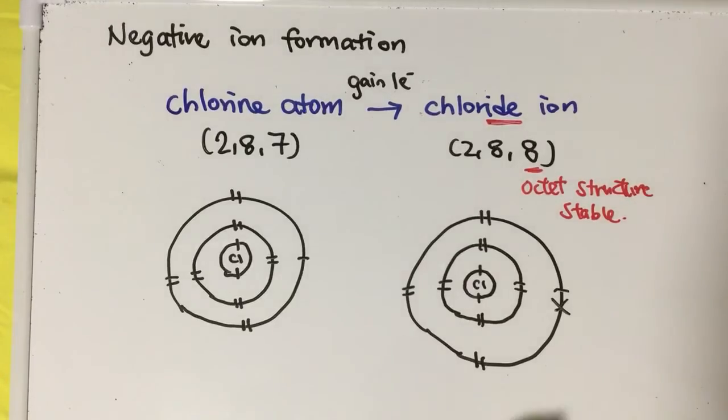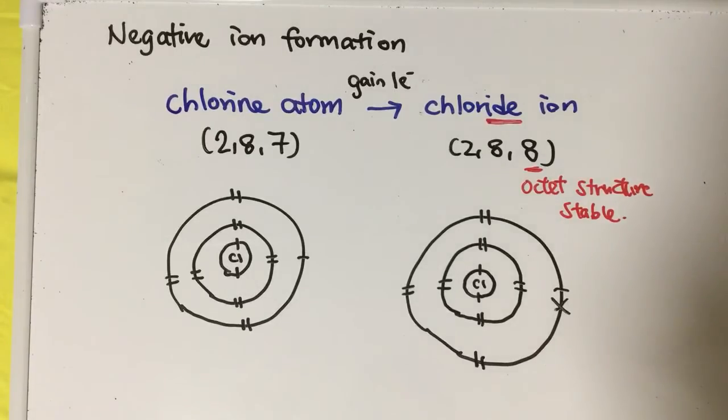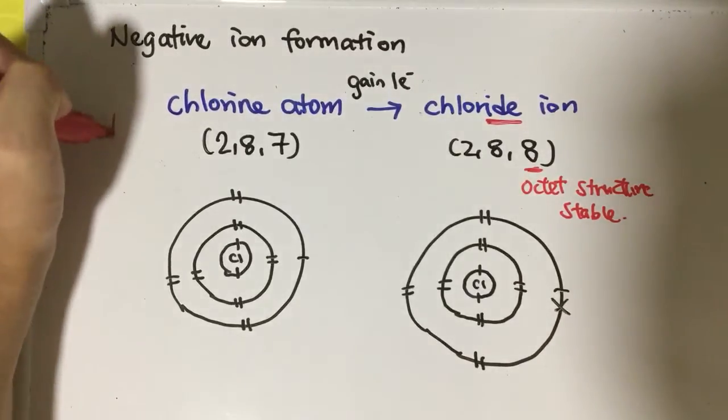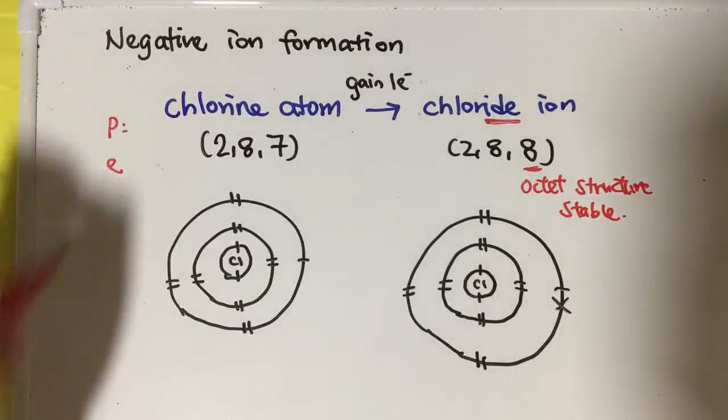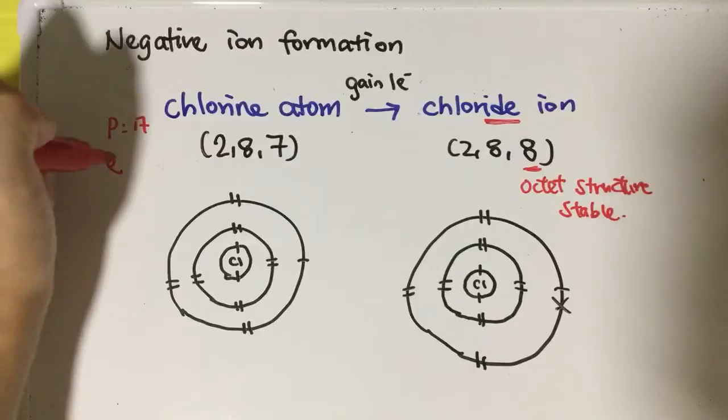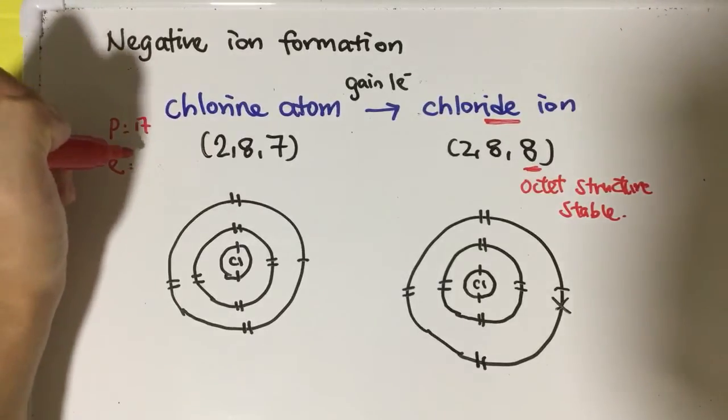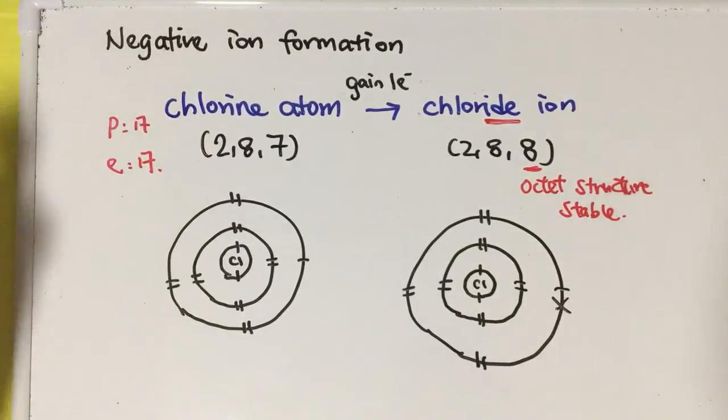After this, we have to consider the charge of the chlorine atom and the chloride ion. The charge of the chlorine atom is 0. Why? Because the number of protons and the number of electrons are equal. The number of protons of the chlorine atom is 17, and the number of electrons in the chlorine atom is also 17.